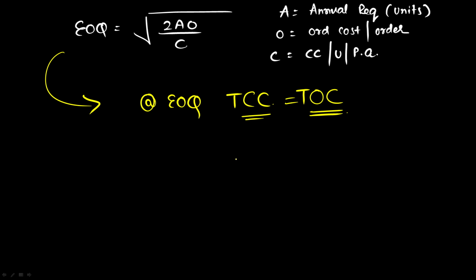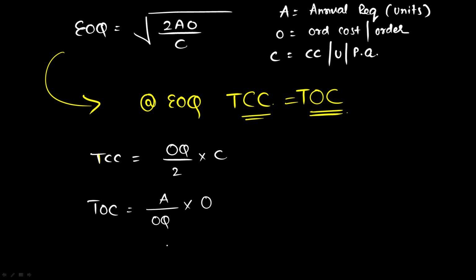As I have written this formula, I am also writing out the formulas for total carrying cost and total ordering cost. Total carrying cost will be ordering quantity divided by 2 multiplied by C. Total ordering cost will be A divided by ordering quantity multiplied by O. Whenever you are mugging up the formula, you need to have the concept clear.